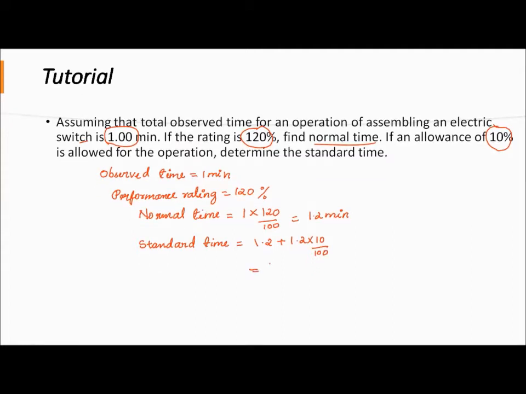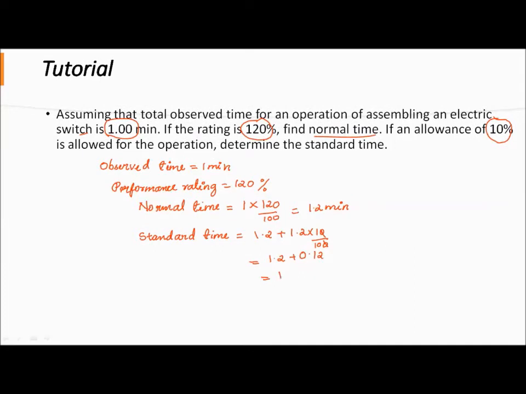So this will give you the answer. So that is 1.2 plus 0.12, that is 1.32 minutes. So this is the standard time. So this is what an industrial engineer will do for calculating the time for performing a particular job.